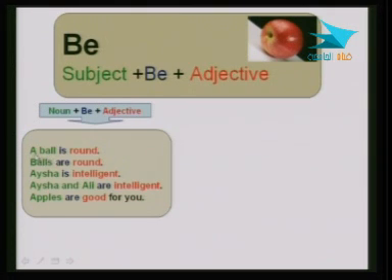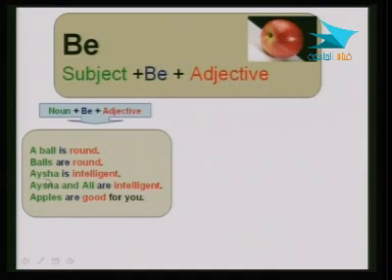And then the verb be, is, and then the adjective in red color. So a ball is round. Balls are round.